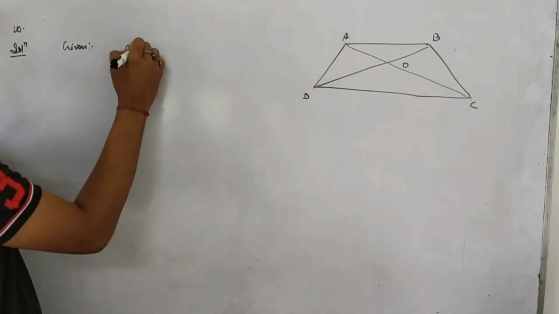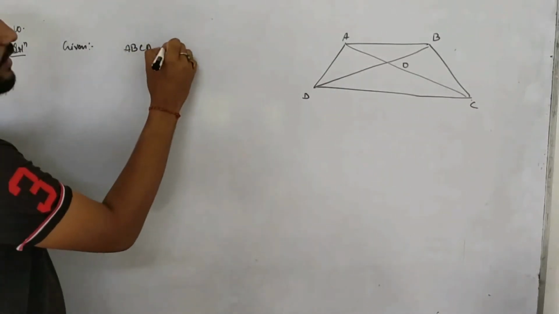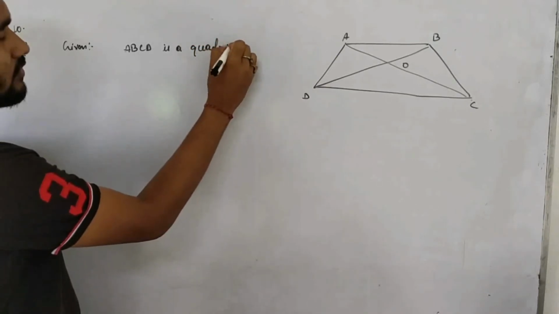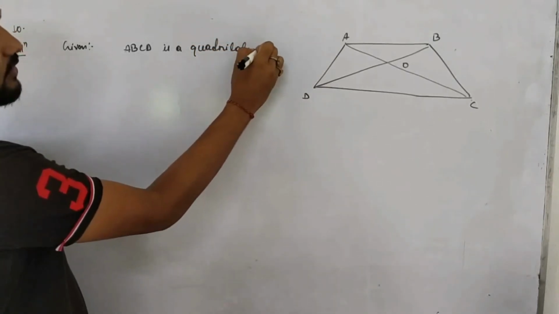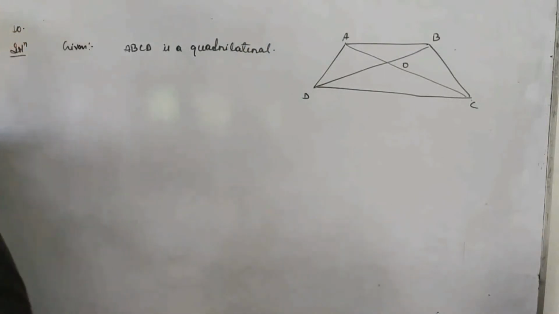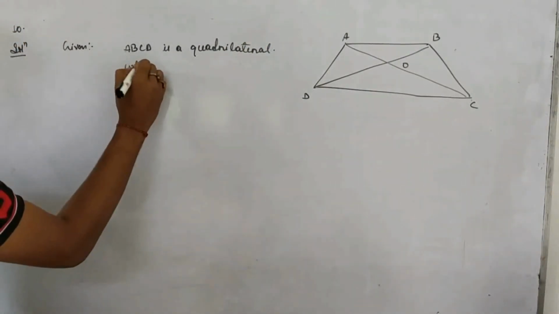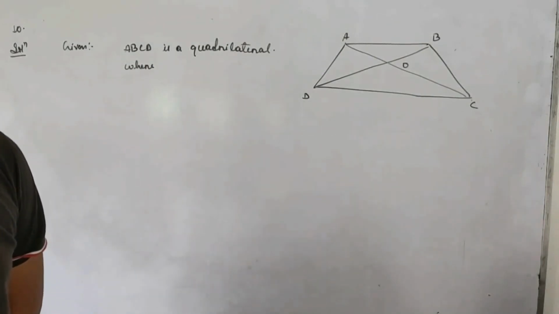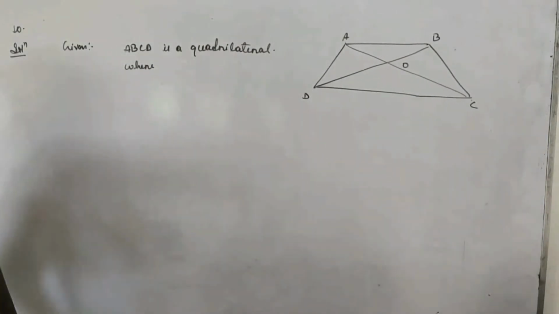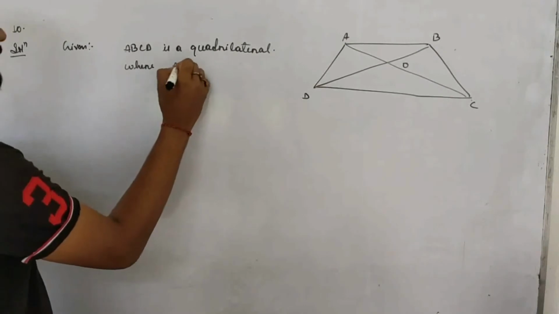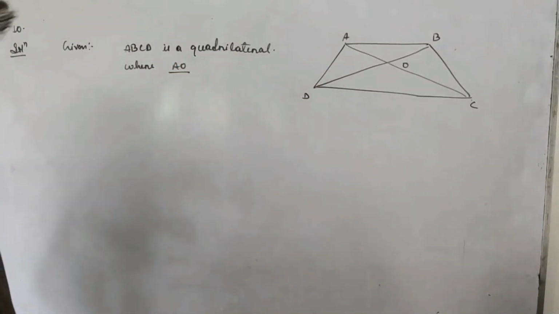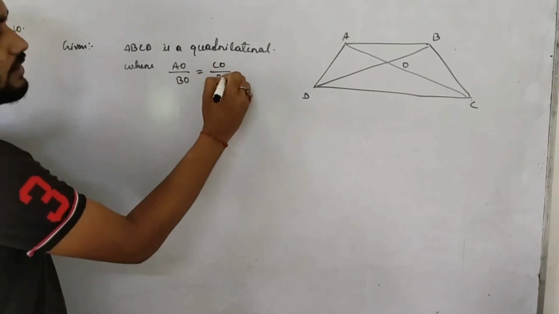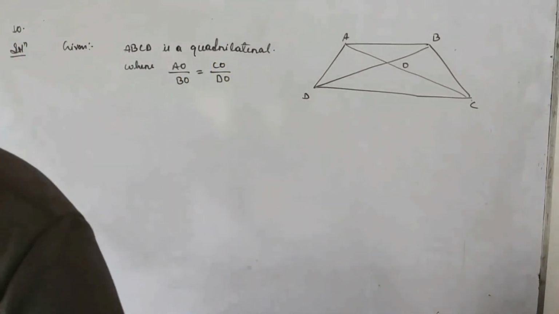Given ABCD is a quadrilateral where AO by BO is equal to CO by DO. This thing is given.